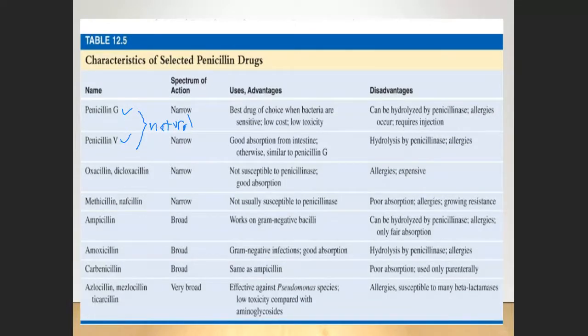And then after that, some drugs became semi-synthetic. Some are produced in nature, and then there is some modification in the lab. And finally, in the last generation, some drugs are made especially in the lab, which is the synthetic type of penicillin or antibiotics.